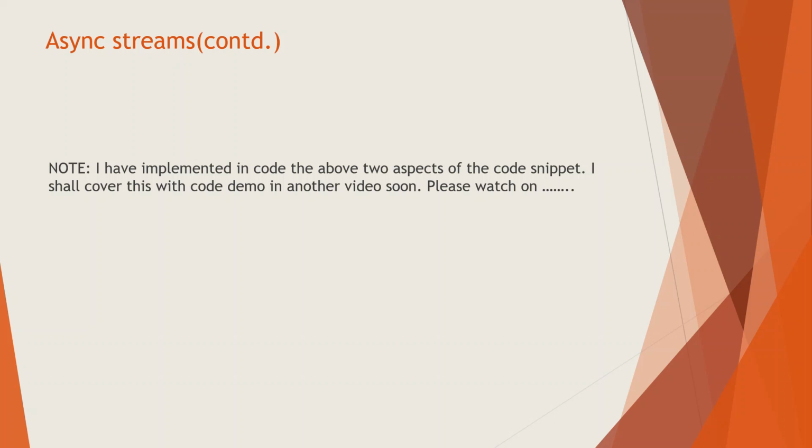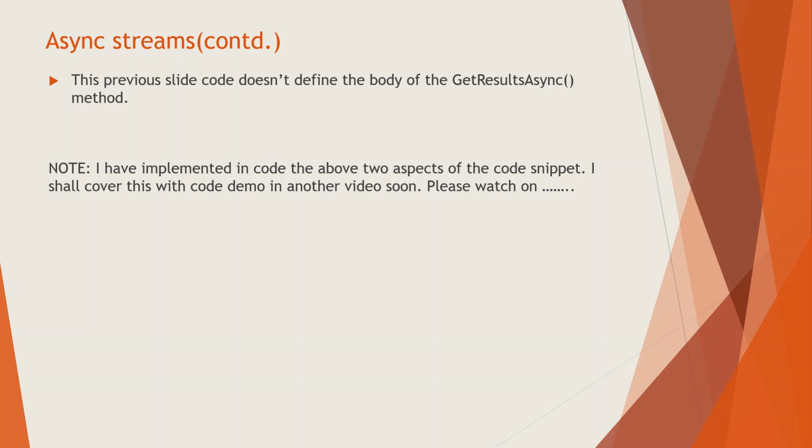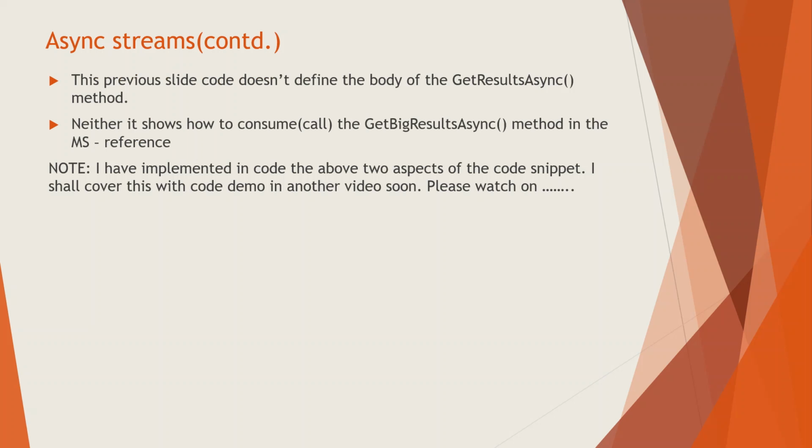So I have implemented in code the above two aspects of the code snippet: the first one is that it doesn't define this body, and it neither shows how to consume the GetBigResultsAsync method in the Microsoft reference. I will show it in another video very soon.